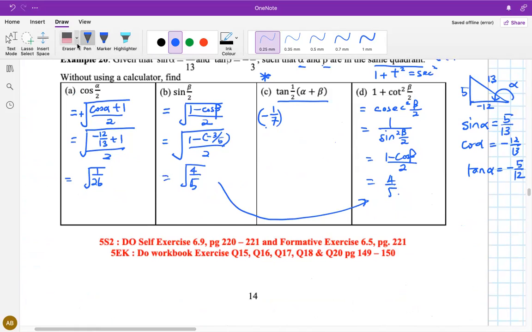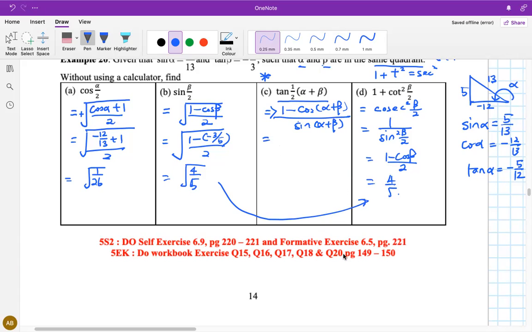All right, so I can double check my answer. Here you are using 1 minus cos of alpha plus beta over sine of alpha plus beta.